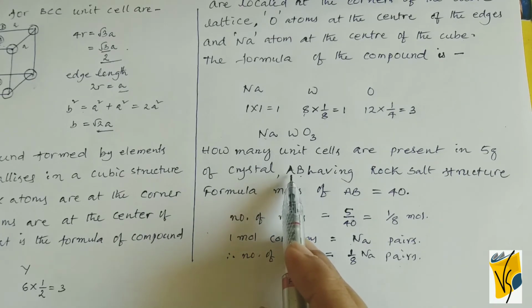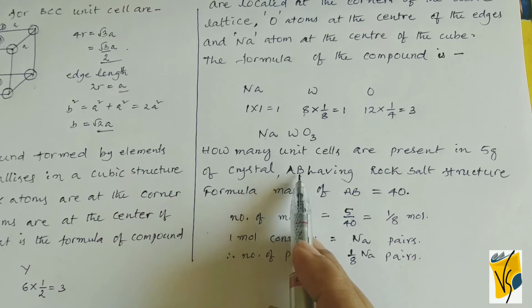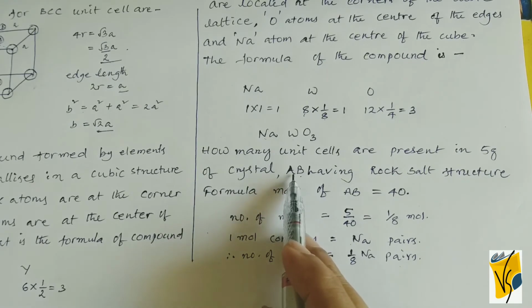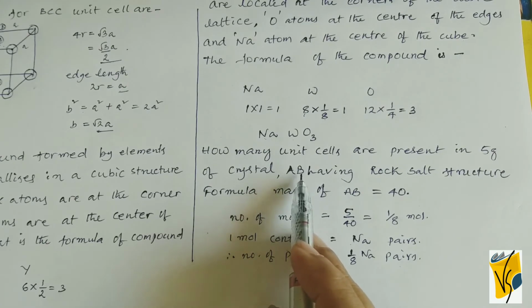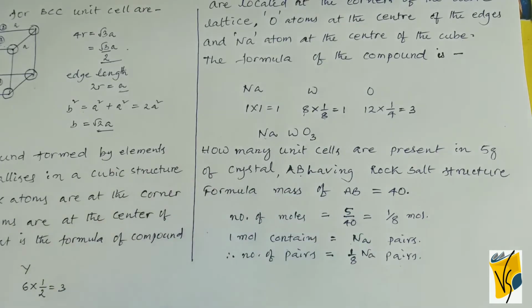Similarly here A ions are present at the body centered position and at the edges, right? And B ions are present at the center of the faces and at the corners. So what is the effective number of A? Effective number of atoms of A is 4 and effective number of atoms of B is also equal to 4. So how many pairs are there? 4 pairs. So per unit cell 4 pairs are there.